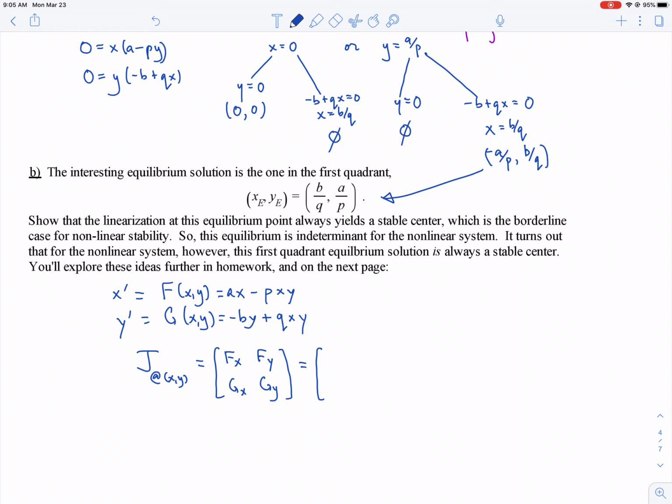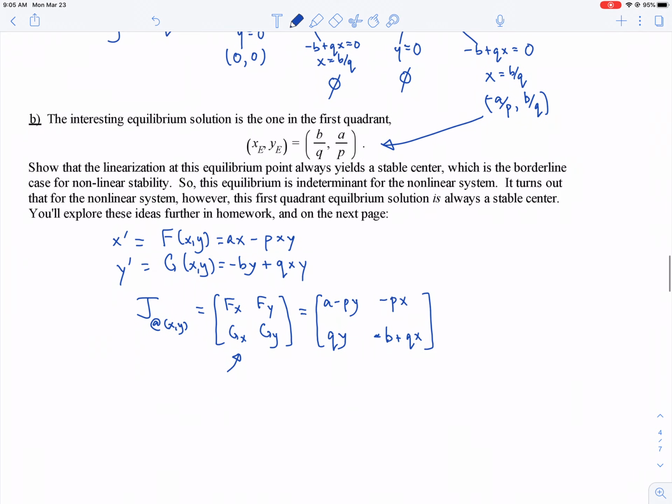Looks to me like f sub x is a minus py. f sub y is minus px. g sub x is qy. Partial of g, that's my notation for partial derivatives that we talked about last time. And g sub y is minus b plus qx.